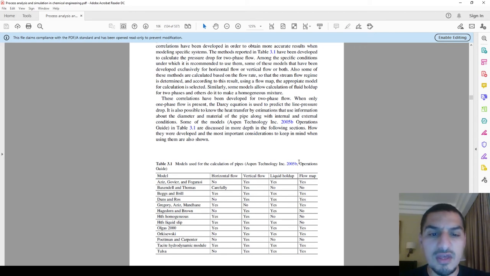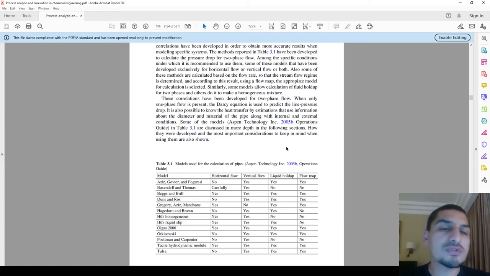For instance, if you have multi-phase flow like solid and liquid, gas and liquid, or solid and gas, it's not possible to model this flow using the Bernoulli equation, or it's not going to be accurate. You'll find some errors in the calculations, and that's why you might need to look for another equation that models your system.